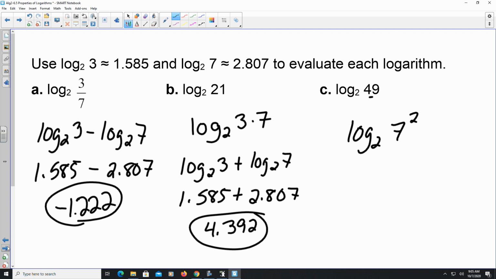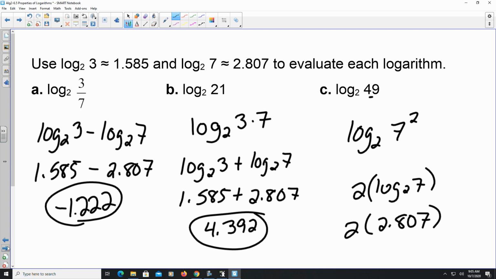Now I can use the power property, and say that this is 2 times log base 2 of 7. I know that log base 2 of 7 is 2.807. Now I just multiply 2 by 2.807, which gives something like 5.614.